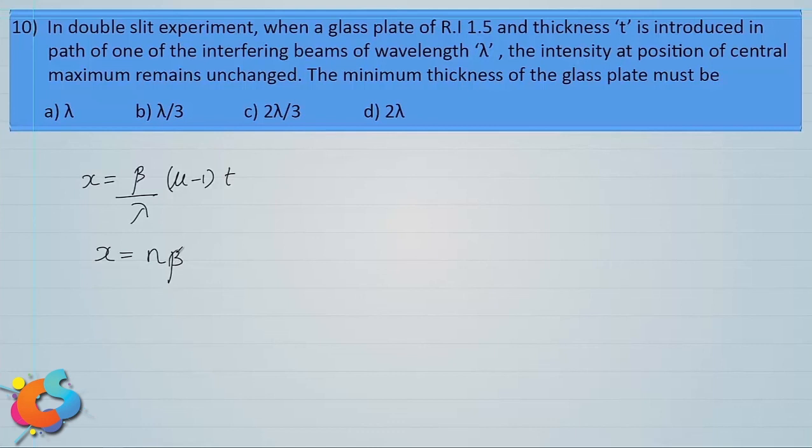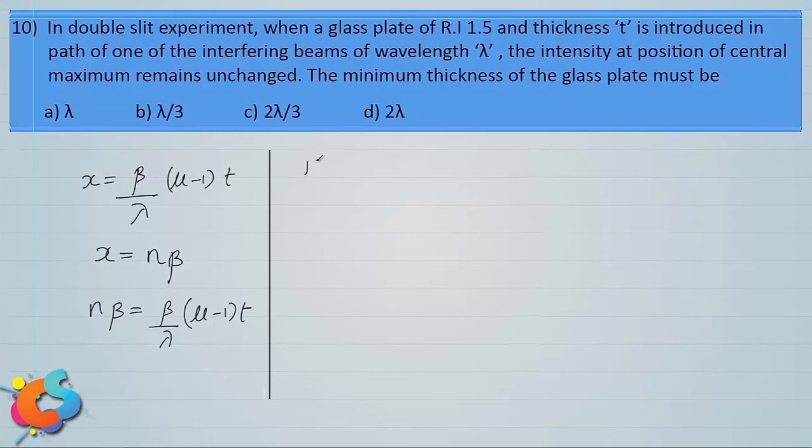But you need to get the minimum thickness of the glass plate. You can directly equate these two, stating that n beta is equal to beta by lambda into (mu minus 1) into t. Here n indicates the number of fringes or the order of the fringe.